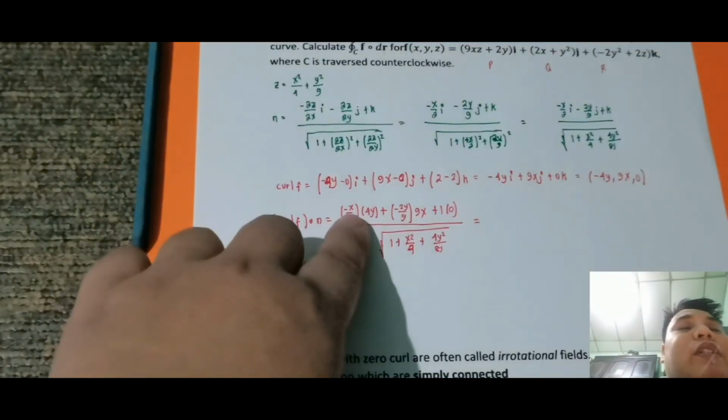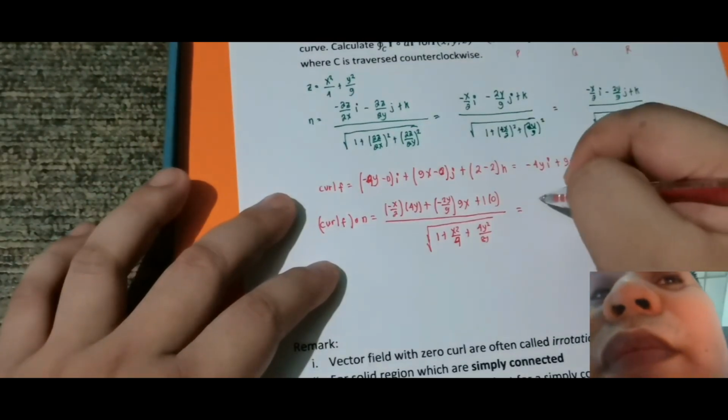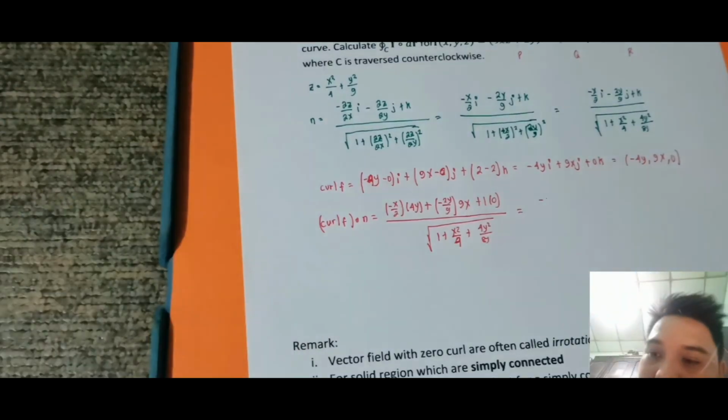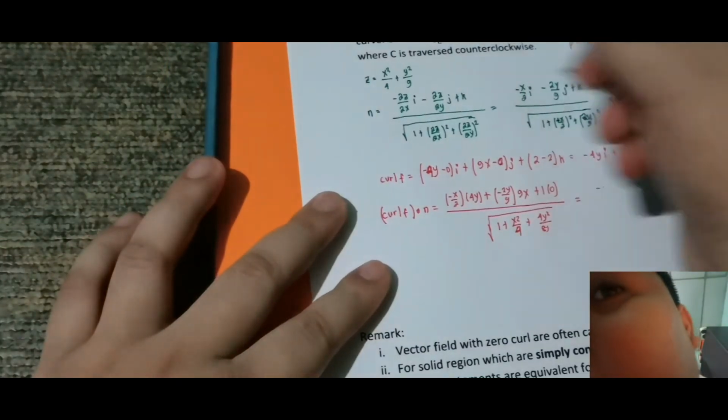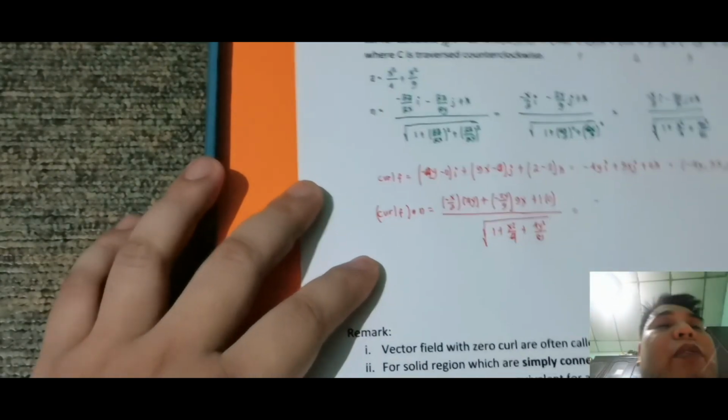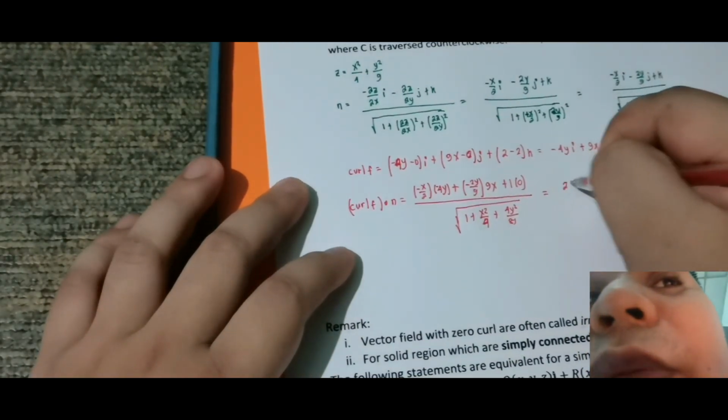Okay. So negative x over 2 times negative 4y, sorry, that is simply 2xy.